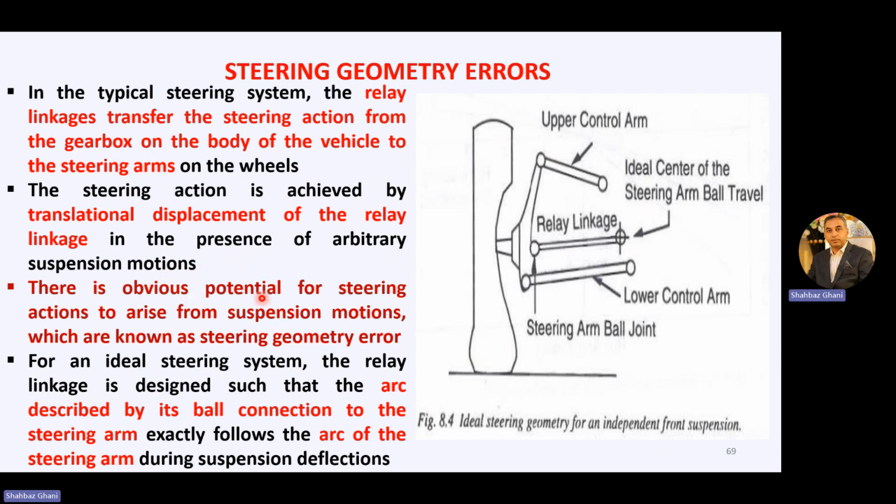There is obvious potential for the steering action to arise from suspension motions, which are known as steering geometry errors. For an ideal steering system, the relay linkage is designed such that the arc described by its ball connection here and here to the steering arm exactly follows the arc of the steering arm during the suspension deflection.